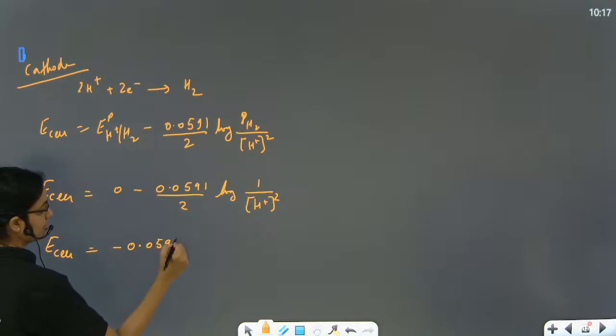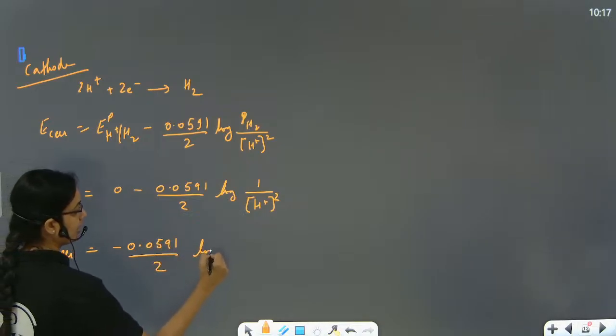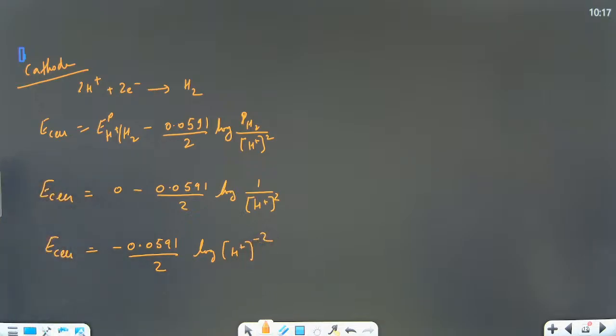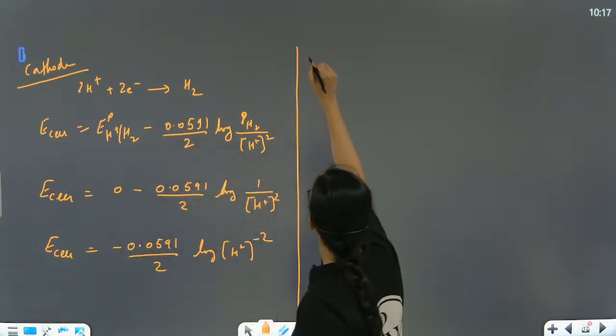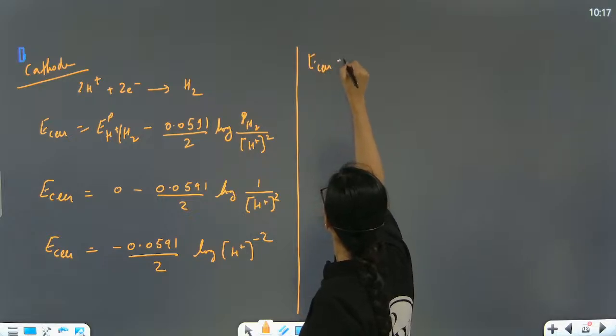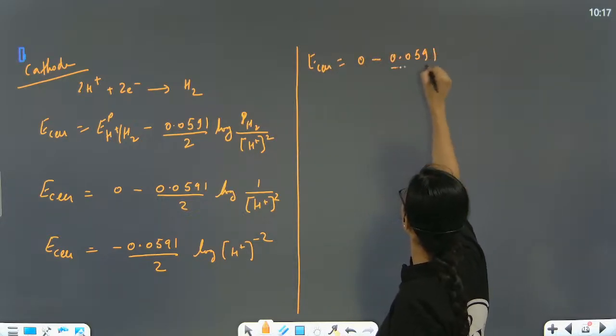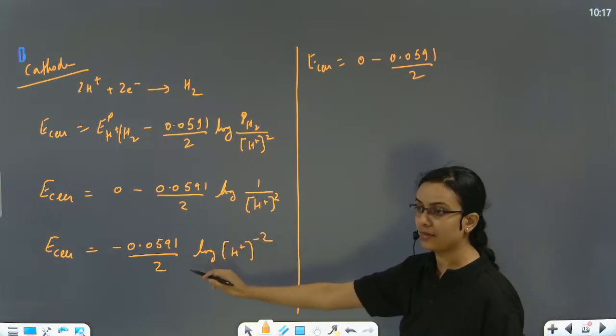Minus 0.0591 upon 2. Can I write this part as H plus to the power minus 2? लिख सकते हैं? E cell is equals to 0 minus 0.0591 by 2. पावर सामने.